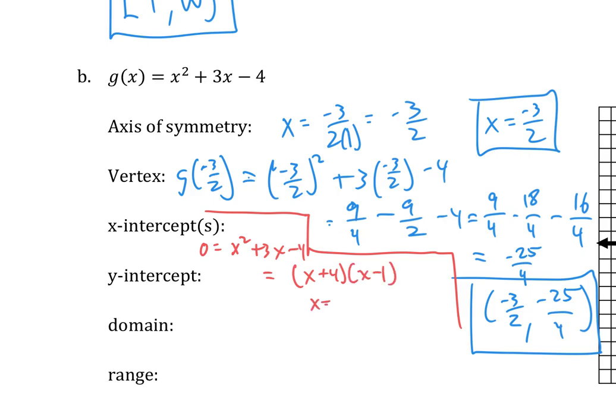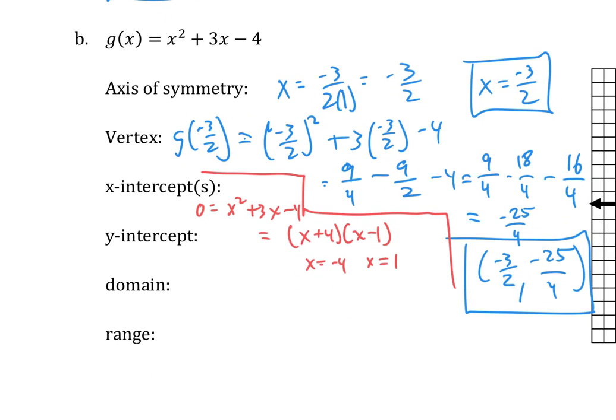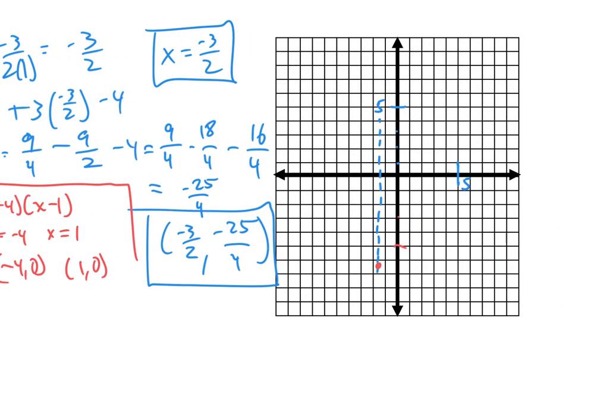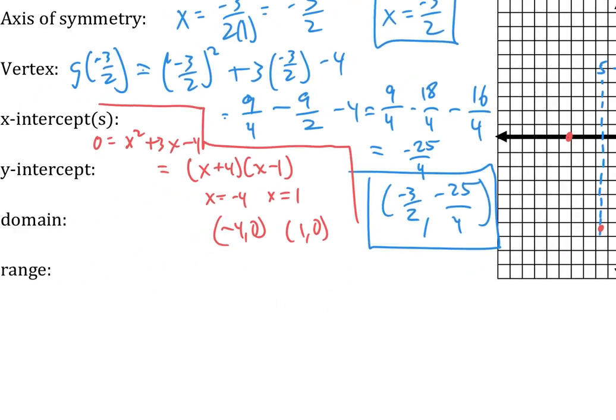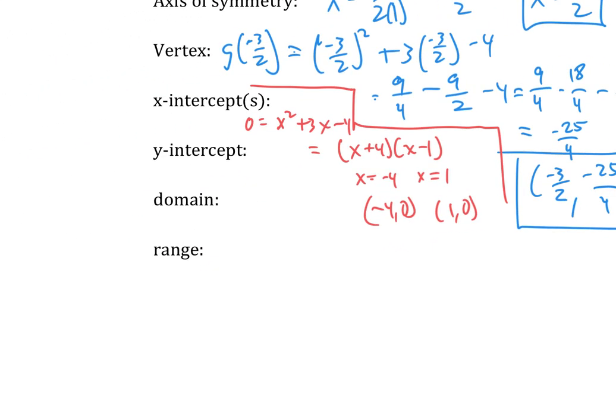And so that gives us x equals negative 4, what makes the first one 0, and x equals 1, what makes the second one 0. And so our x-intercepts are negative 4, 0, and 1, 0. Okay, 1, 2, 3, 4. There it is.